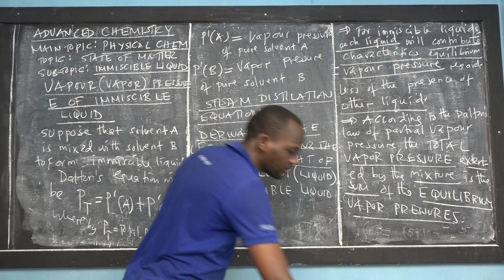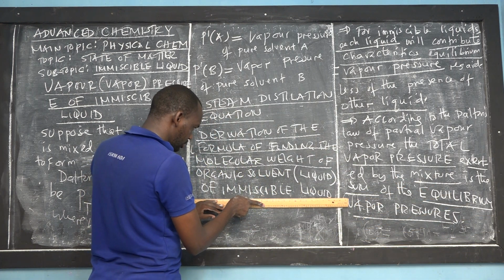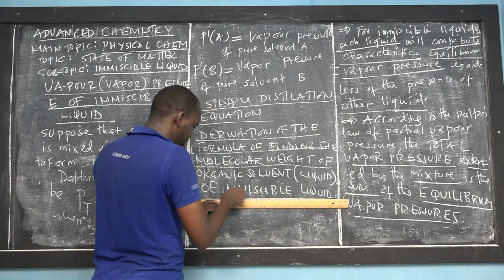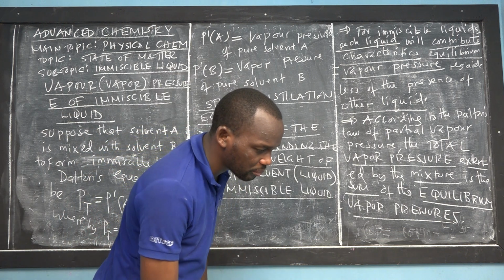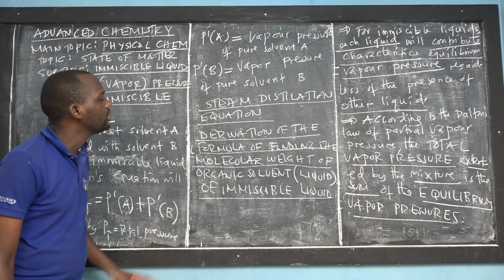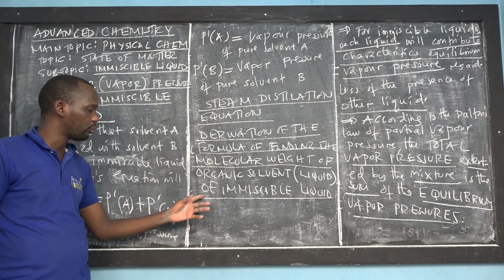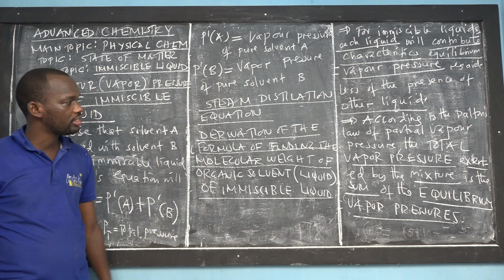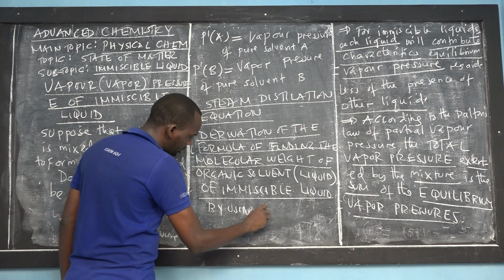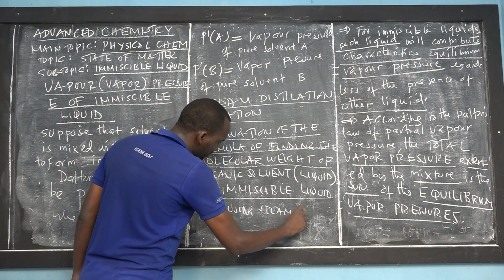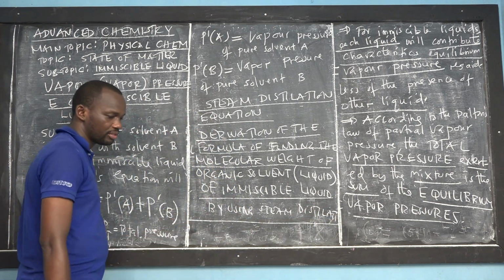It's a kind of long title, but don't worry, you have to understand it. So we are going to the second concept before we go to problem solving: derivation of the formula for finding the molecular weight of an organic solvent or liquid of an immiscible liquid by using the steam distillation method.